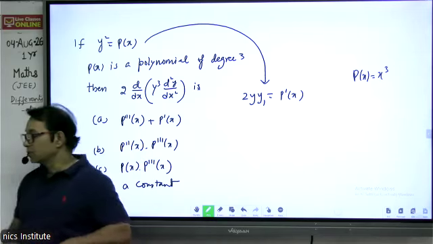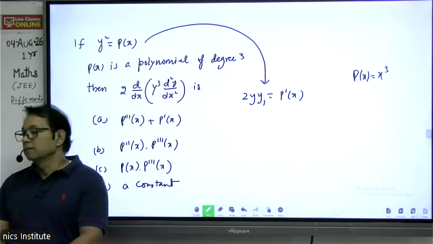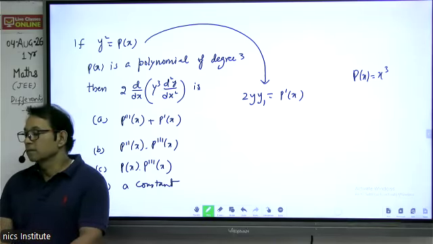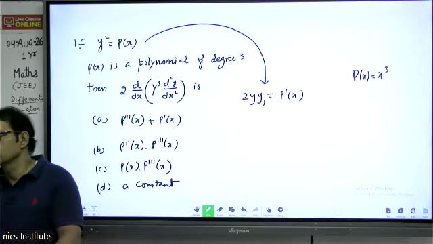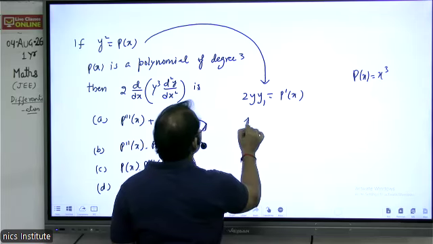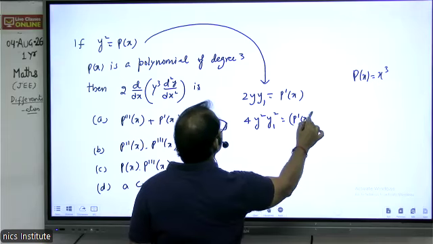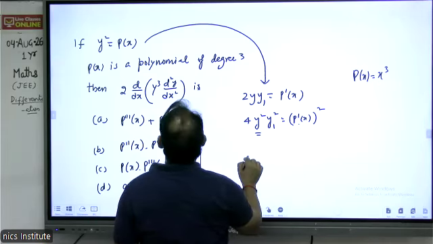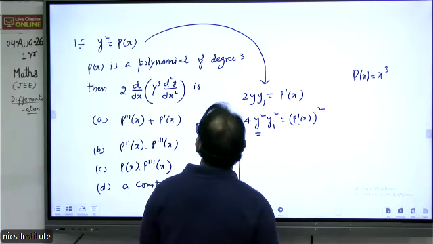If I differentiate once, if I square both the sides, and I replace y square, we can do that also.